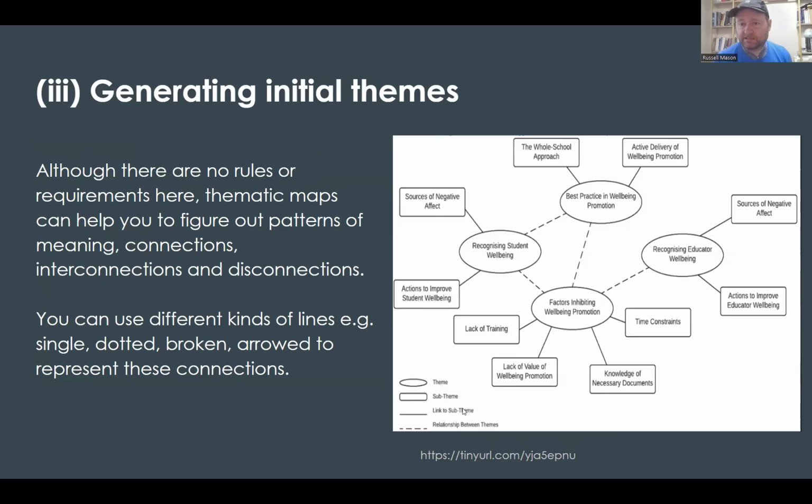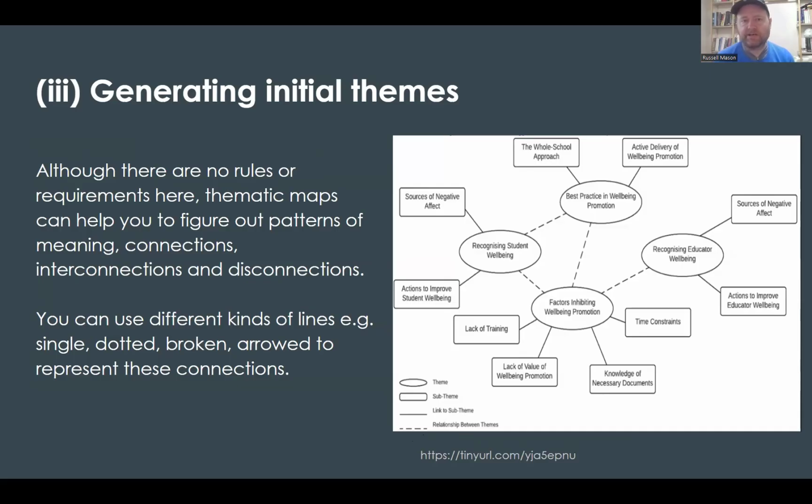And then links to sub-themes could be with unbroken lines, possible relationships between them with broken or dotted lines. And then you could have things like stronger relationships, weaker relationships, and so on. So you're thinking about whether these things can be combined into the same theme or whether they need to be excluded from that theme for later on.